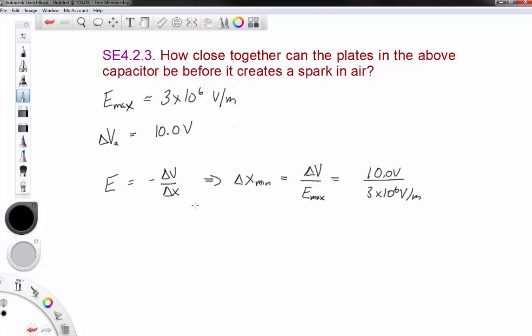That's the field strength units. And so this right here is going to give us approximately 3.33 repeating. So we'll just call it 3 microns, or 3 times 10 to the minus 6 meters of separation. Oops, this actually is delta X min. So that is the minimum separation between the plates before you start to break down the air between the two plates.